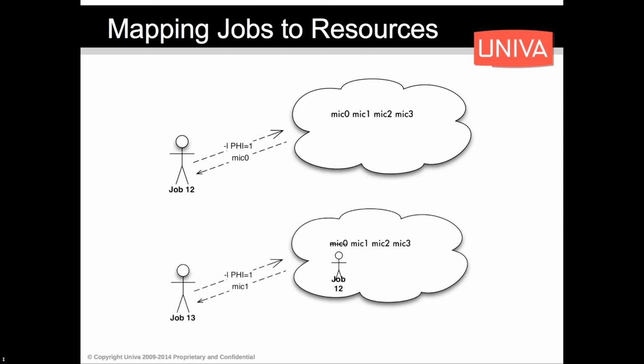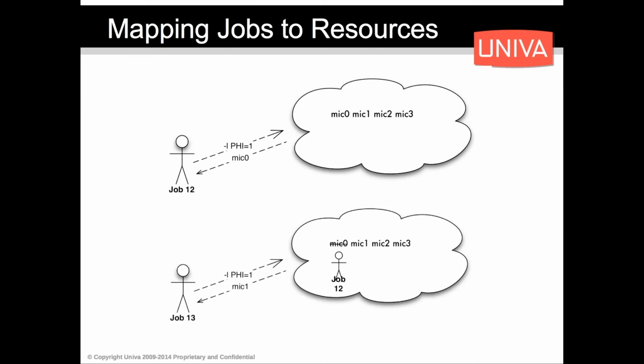Here mic0. Now job 13 comes into the scheduler. The scheduler knows that mic0 is already in use by job 12, so job 13 now gets mic1 assigned.